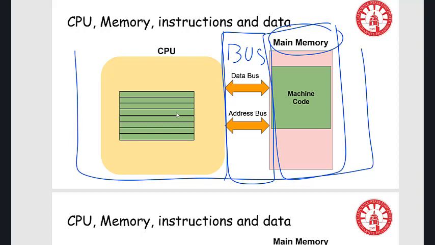Normally the bus interface is composed of two parts, the address bus and the data bus. The function of the address bus is to tell where to write or read from memory, and the data bus is responsible for carrying the data from memory to the CPU, or from CPU to memory.